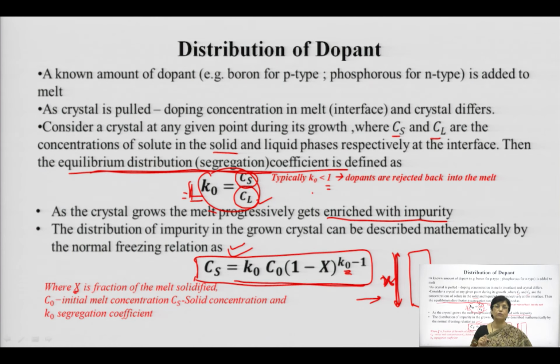So, that ratio is also very important. Along with it the maximum pull rate is also important, what we have seen in the earlier equation. So, all these factors will decide the height of the ingot which is getting formed, as well as the diameter of the ingot which is getting formed.